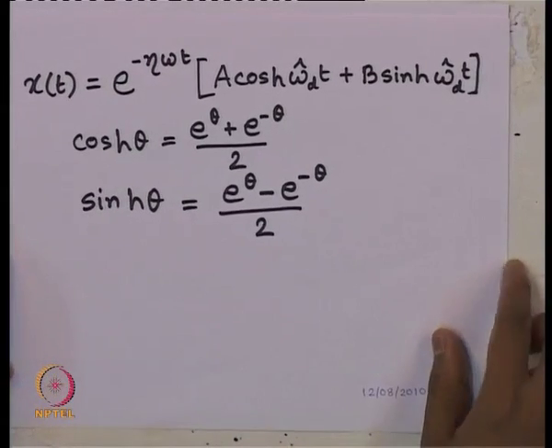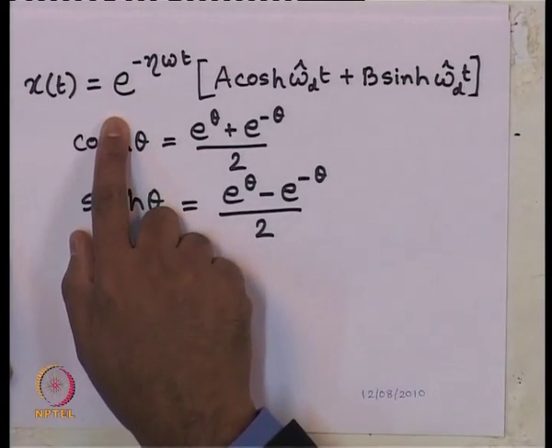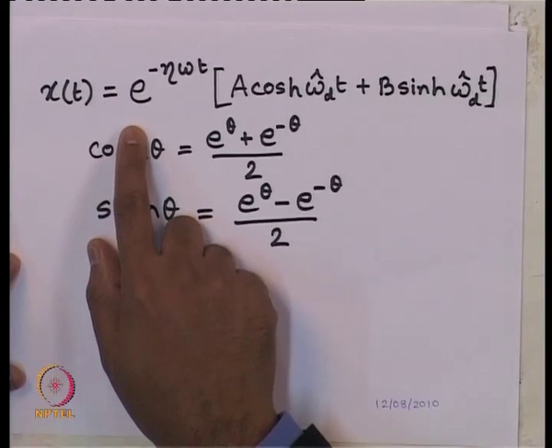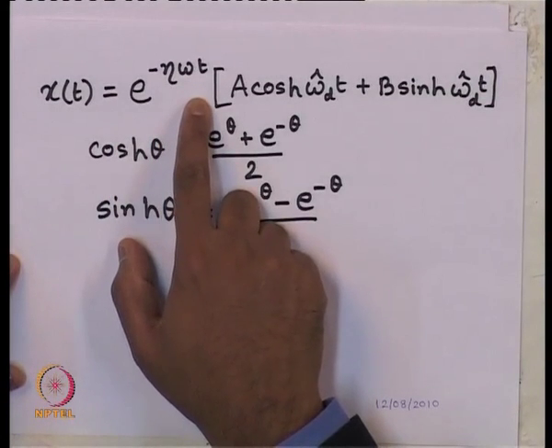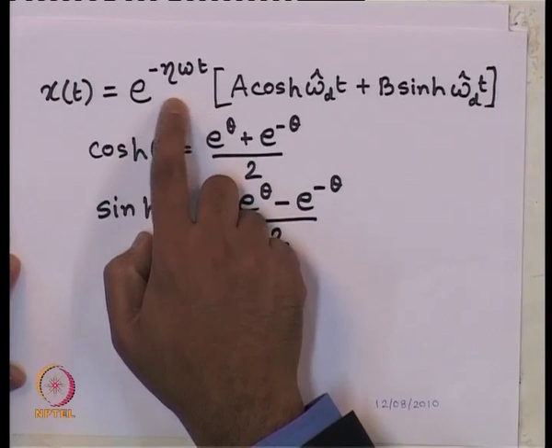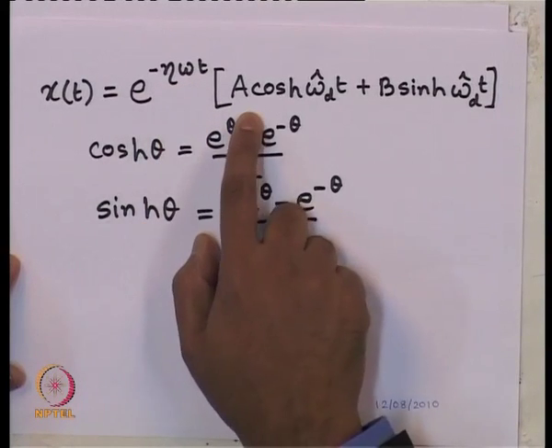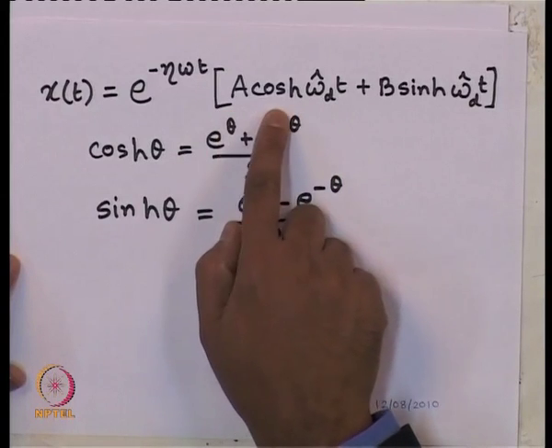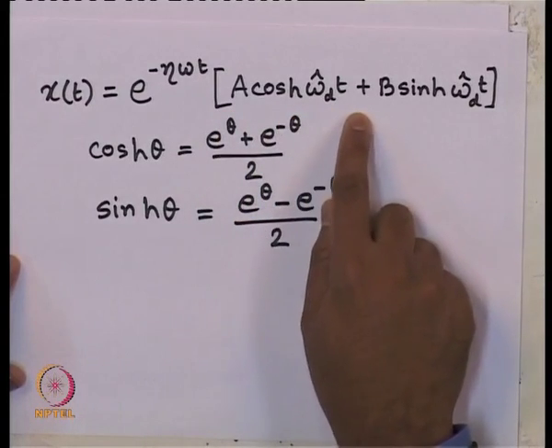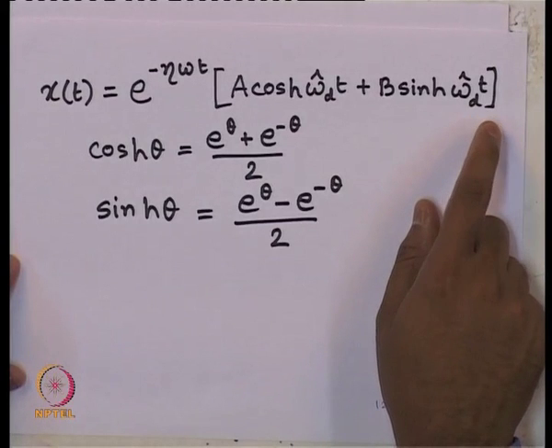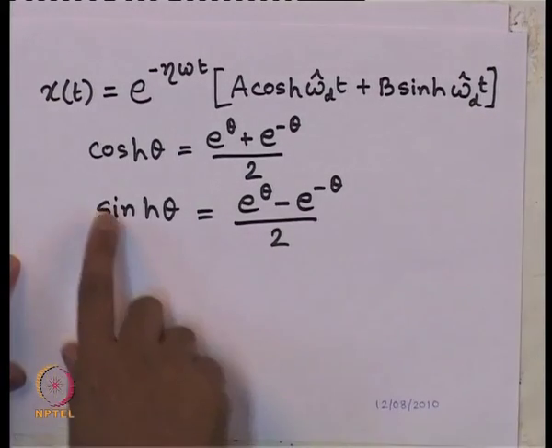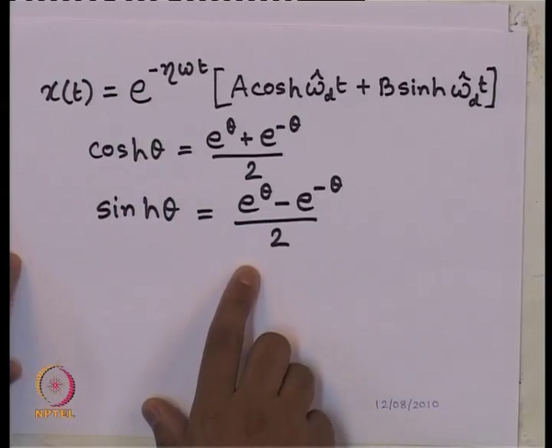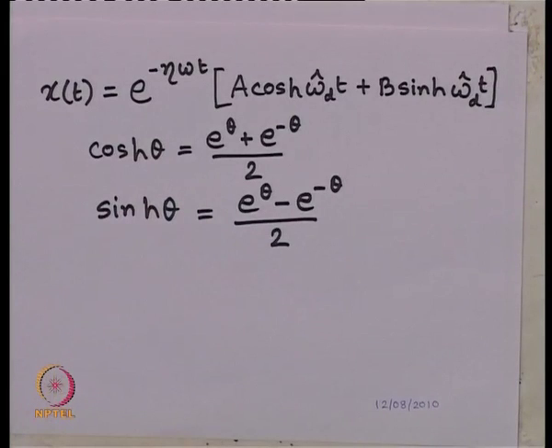With these 2 roots, we finally obtain the solution as x of t equals e to the power minus eta omega t, because minus eta omega was one root and the other was omega d cap, times a cos hyperbolic omega d cap t plus b sin hyperbolic omega d cap t, where cos hyperbolic and sin hyperbolic functions we know how these are written.